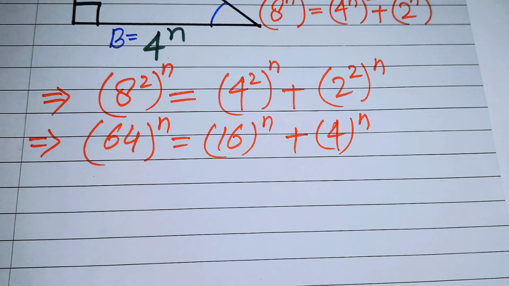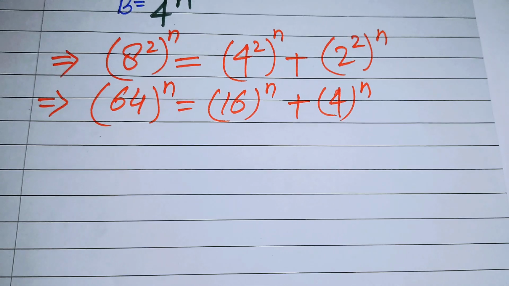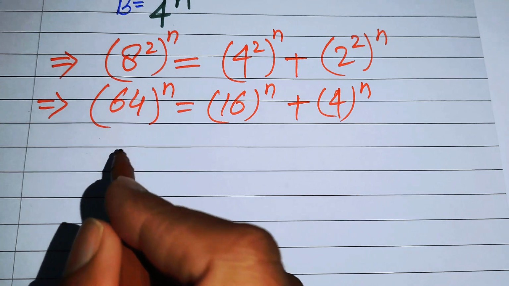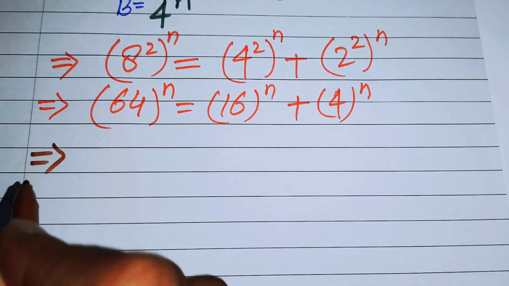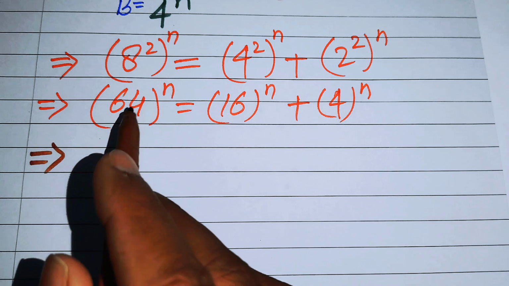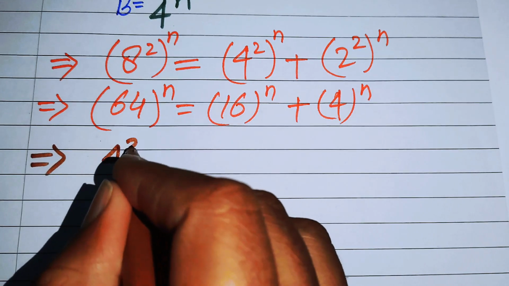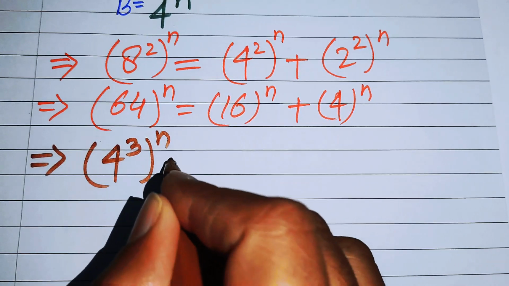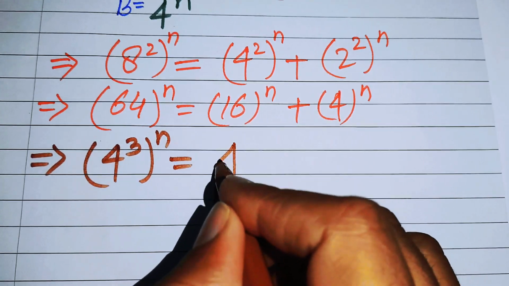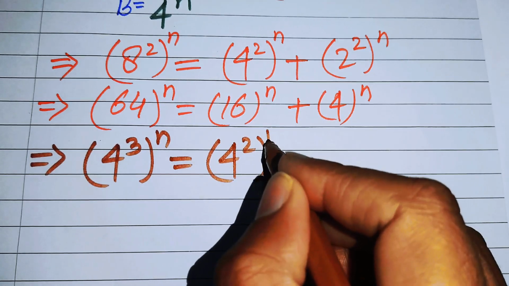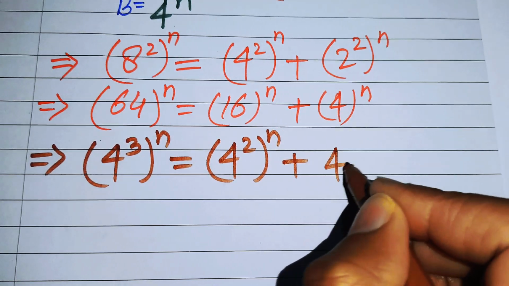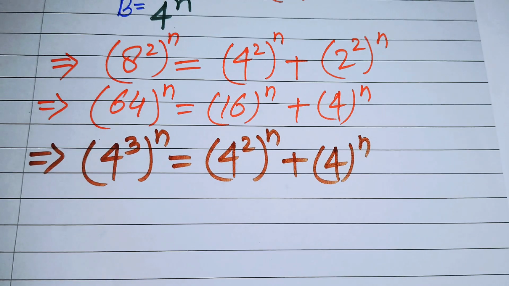And now we rewrite this equation in this way, so that we easily convert it into the cubic form. In order to convert this exponential equation into the cubic form, we write 64 as 4 cubed and its whole power n, and 16 we write as 4 squared and its whole power n, and we write this 4 to the power of n as it is.